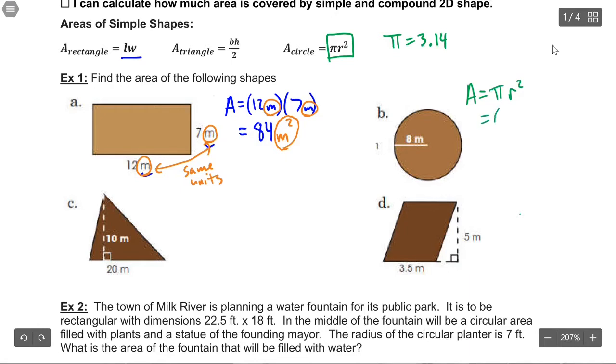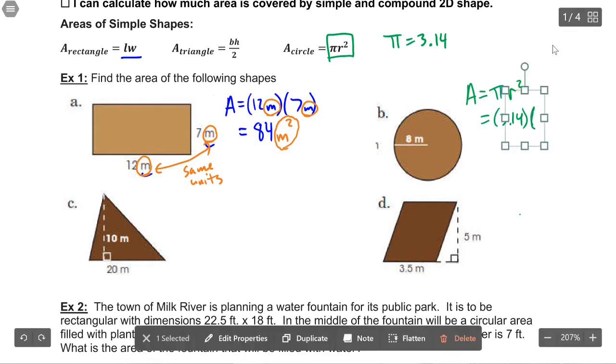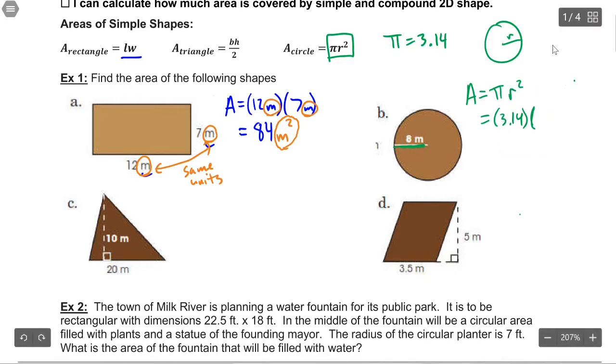So A equals 3.14 times our radius. Now, a radius is halfway across a circle. And in this case, that's exactly what we have. Halfway across our circle is 8 meters is what we're given. So this means that 8 meters squared is our radius.